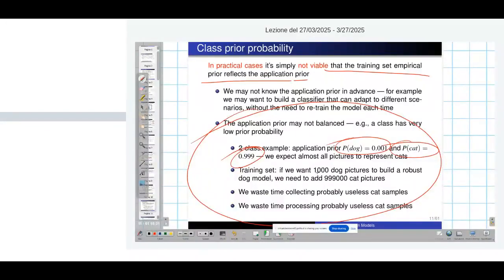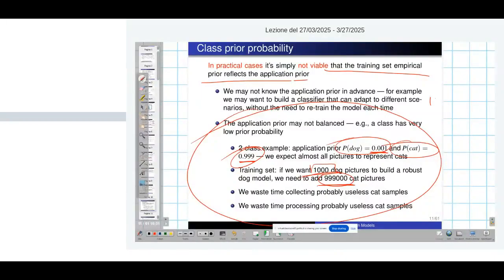It means that for every one picture of a dog, I need to have 999 pictures of cats. If I want to have 1,000 pictures of dogs to build a robust model for the dog class, I need my training set to include almost 1 million pictures of cats. Probably these 1 million are much more than what I need to create a robust model for the cats. They are there just to simulate the empirical prior.